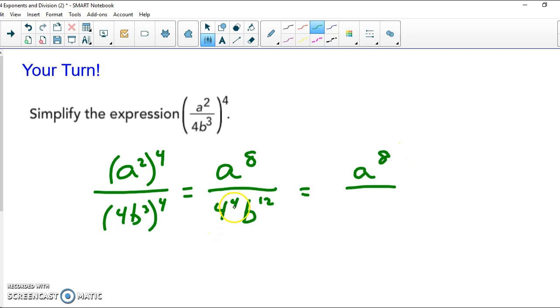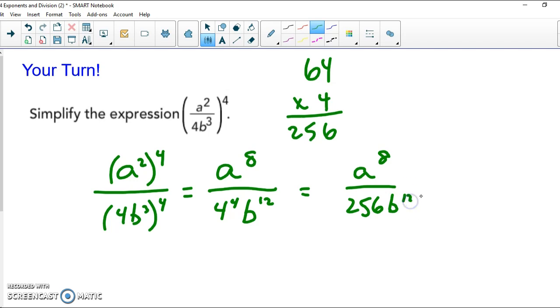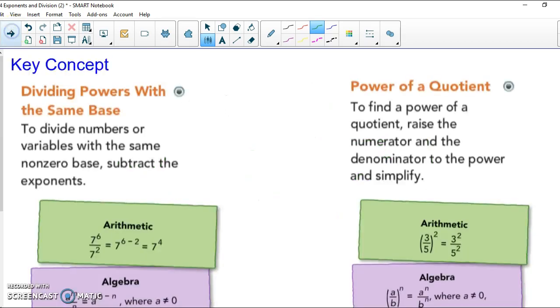Okay, so 4 to the 4th power, 4 times 4 is 16. 16 times 4 is 64. And 64 times 4 is 256. So for my final answer, I get a to the 8th over 256 b to the 12th.